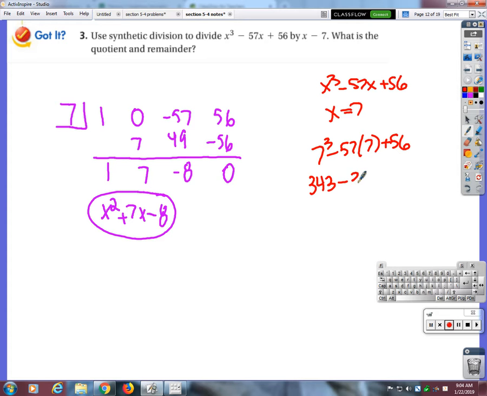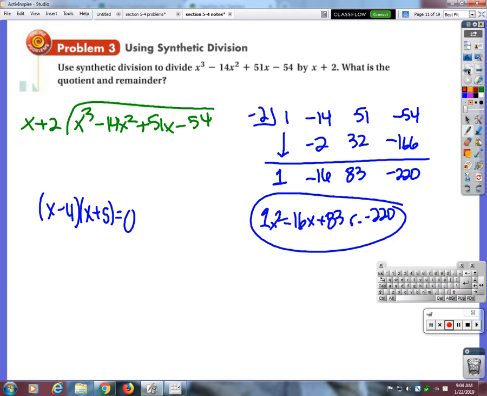Okay, negative 399 plus 56. If I add all those together, what did you get? 0, which is the same thing as we got as our last answer, okay?